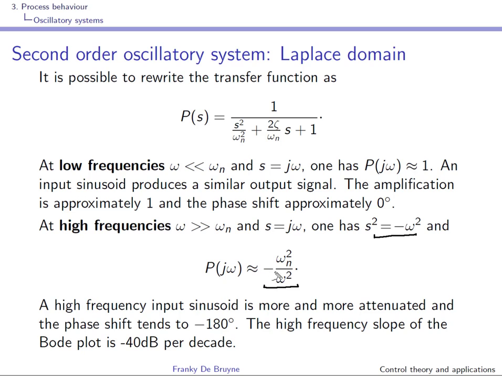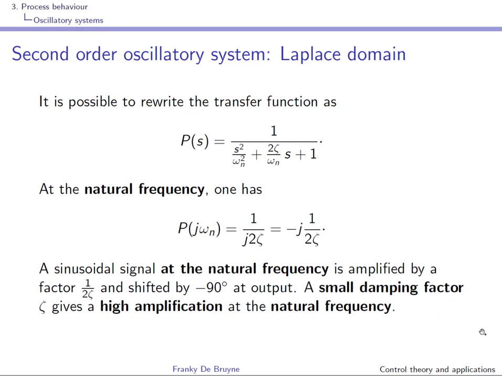And there is a minus sign, so the phase shift at the high frequencies will tend to minus 180 degrees. This is a real number. The minus here will produce this minus 180 degrees, and this decrease in 1 over omega square will produce this slope of minus 40 dBs per decade.